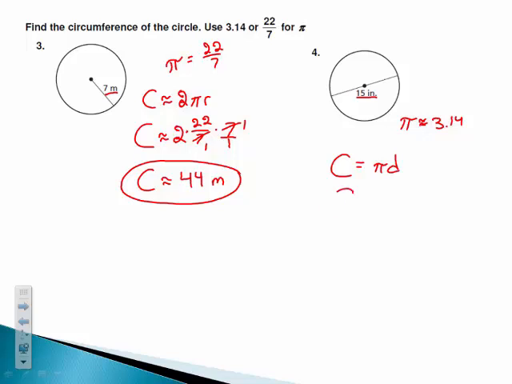So when we plug that in, circumference is about 3.14 times 15. And when we do that multiplication, we're going to get 47.1 inches. And that's our answer.